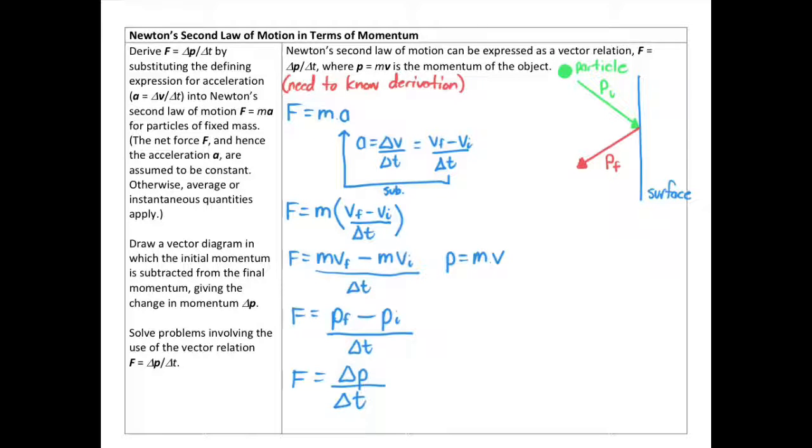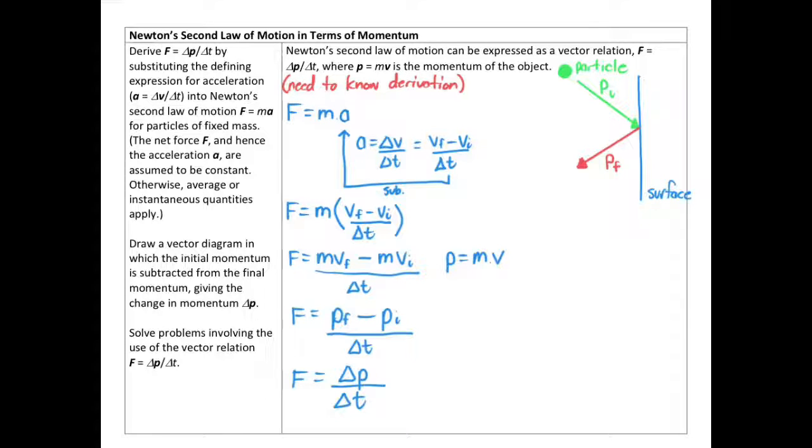So that's the derivation. We can now use this formula here to solve a very similar problem to what we looked at on the previous slide, where we have a particle, which might be a ball hitting a surface, which might be a wall. But rather than considering the change in velocity and then Newton's second law to work out the force, we can do it directly from momentum. We sort of save ourselves a step.